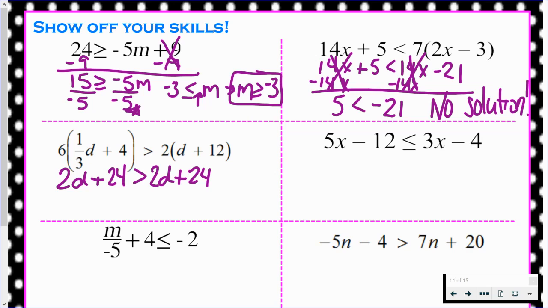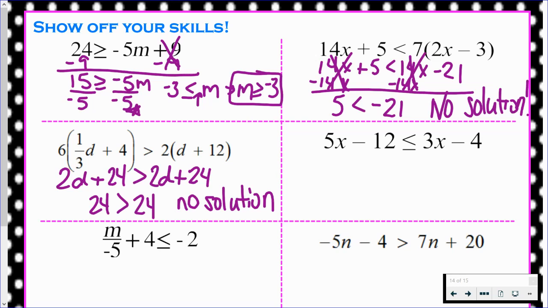If you notice, your variables will cancel out, leaving you 24 is greater than 24. This again would be a no solution. Now, on the reverse side, if it was 24 is greater than or equal to 24, then it would be infinitely many solutions because it could have been equal to.